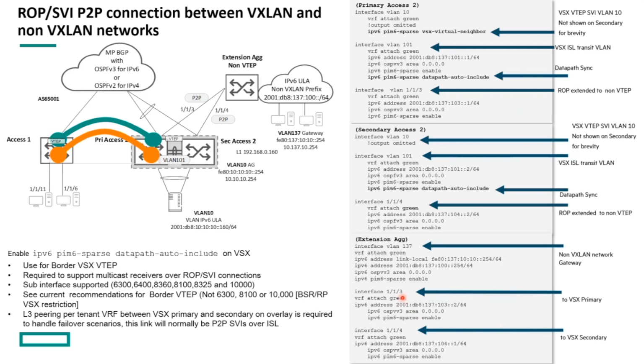I've only shown the point-to-point links on 113 and 114, and then I've shown the local interface here, which is the local gateway for the hosts or devices in the non-VXLAN network. And obviously you'd have some routing in between to get these networks between each other, which is not shown.